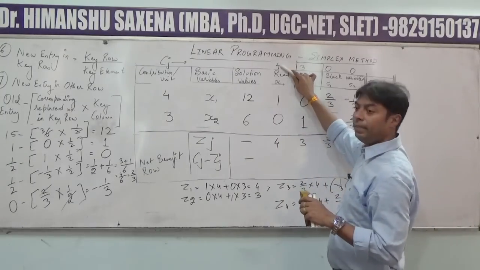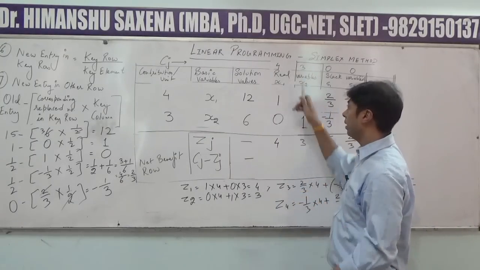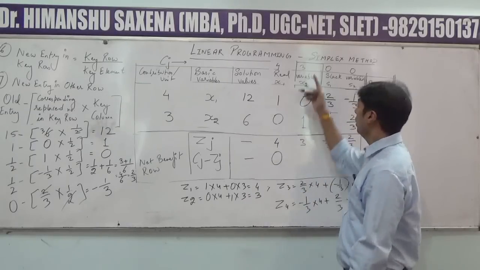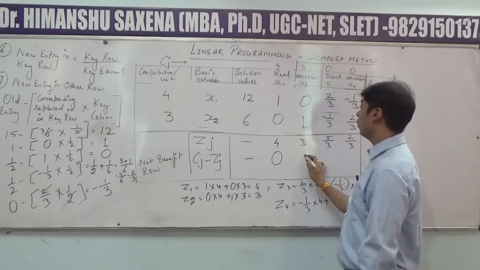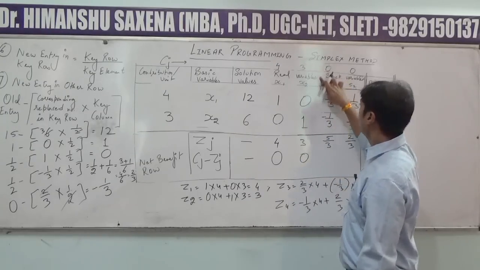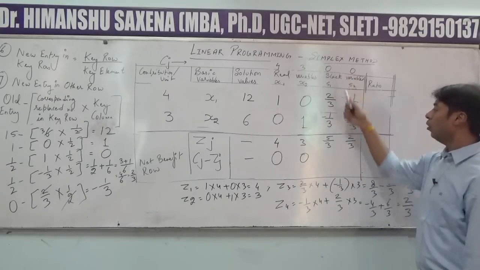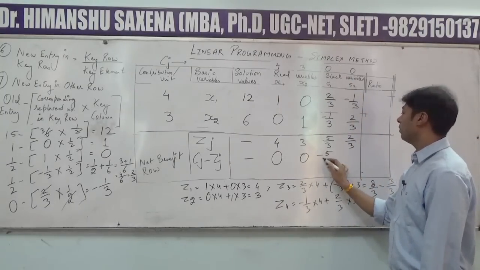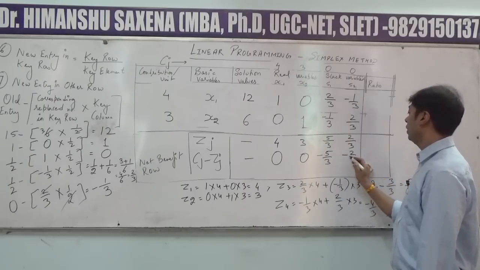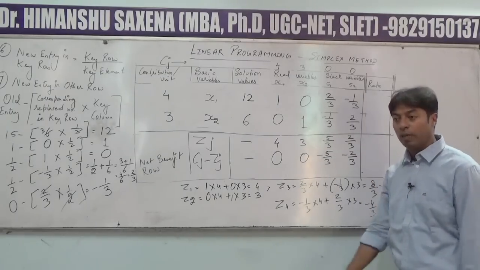Now this is Cj minus Zj. So 4 minus 4 will be equal to 0. 3 minus 3 will also be equal to 0, right? Next, 0 minus 5 by 3 will be equal to minus 5 by 3 and 0 minus 2 by 3 will be equal to minus 2 by 3.